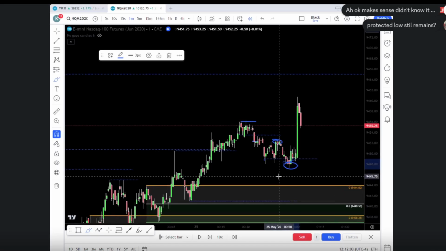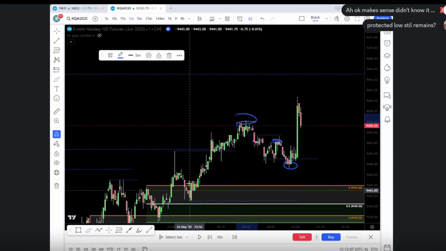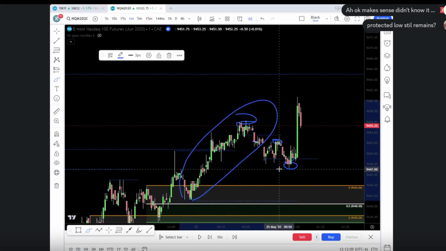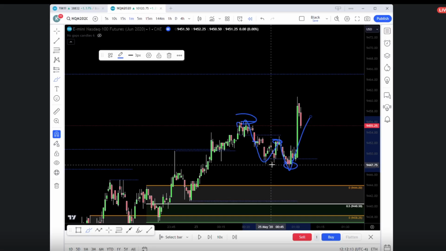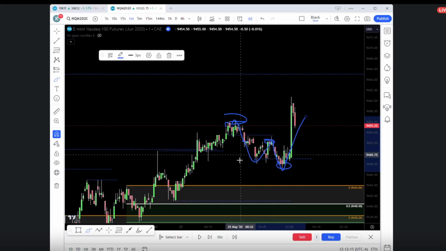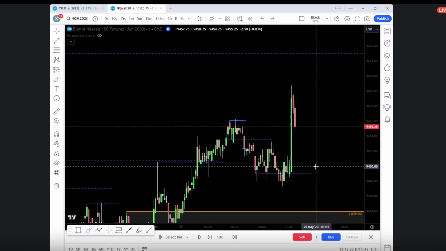Right? So this was our protected low. We came up. This is actually still a range, right? But we've actually got a reset here because we had a low here, which was validated, and we actually broke it. So this was our reset.